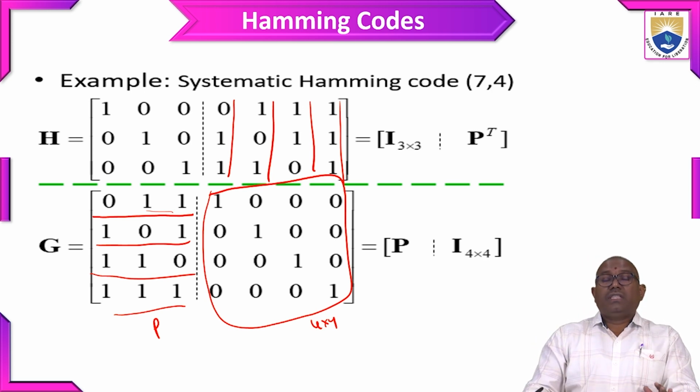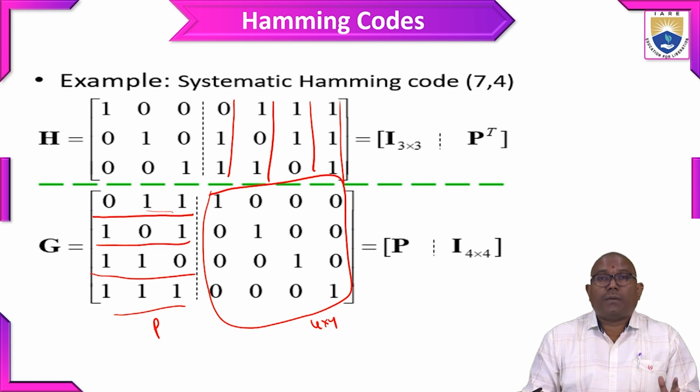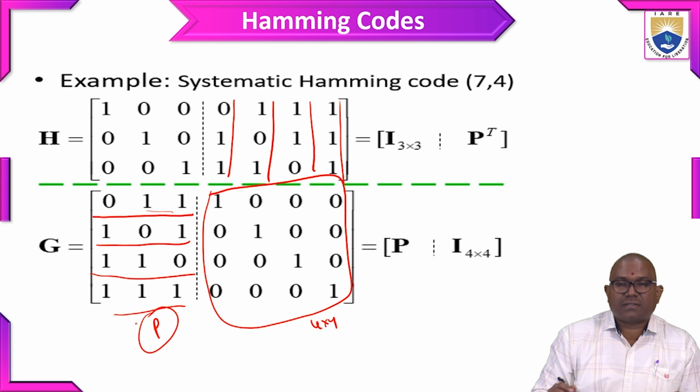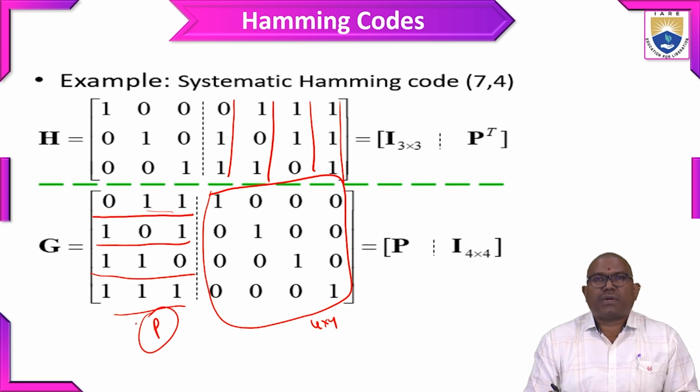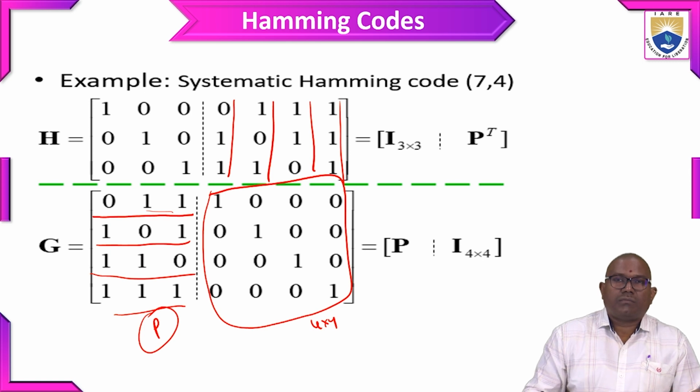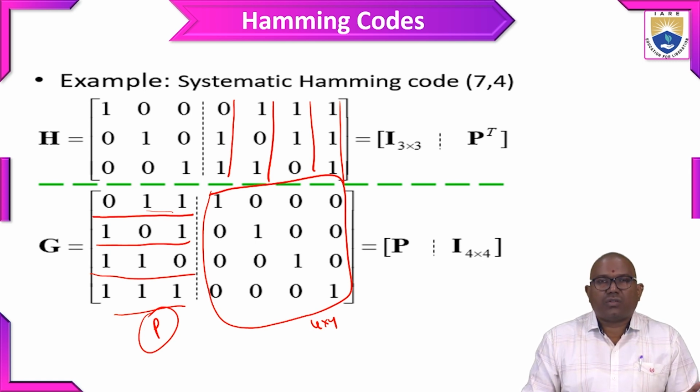So in this block code problem, the parity check or generator requires this coefficient matrix. It is required. Without the coefficient matrix, we can't generate this G and H. Without G and H, we can't do anything.